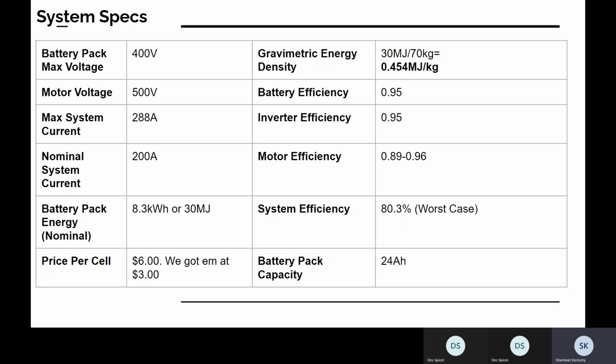So I say the max system current there is 288 amps because when you draw power from any battery cell, the voltage will actually sag. So if the voltage sags, the current discharge from any battery pack or any battery cell has to rise up to meet it. So let's say the voltage sags to 2.5, that times like 96.